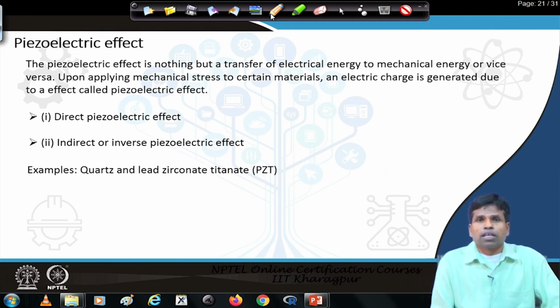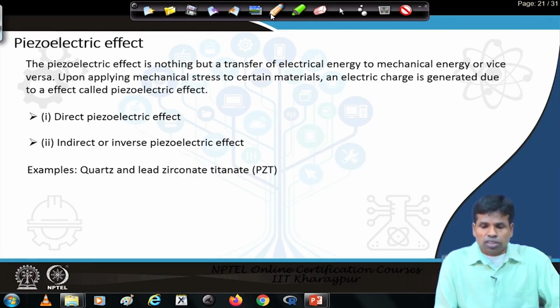If we apply stress or strain, a mechanical force, to a sample, then there may be generation of a surface charge voltage, and that is the piezoelectric effect. Or if we apply a voltage and a deformation or strain is generated, that is also a piezoelectric effect. So, upon applying mechanical stress to certain materials, an electric charge is generated, and that effect is called the piezoelectric effect.